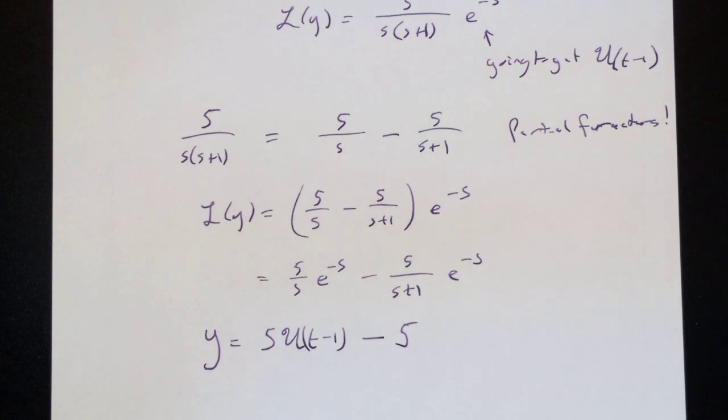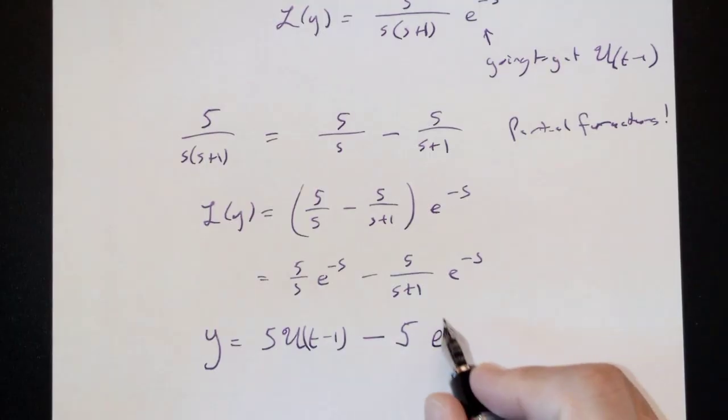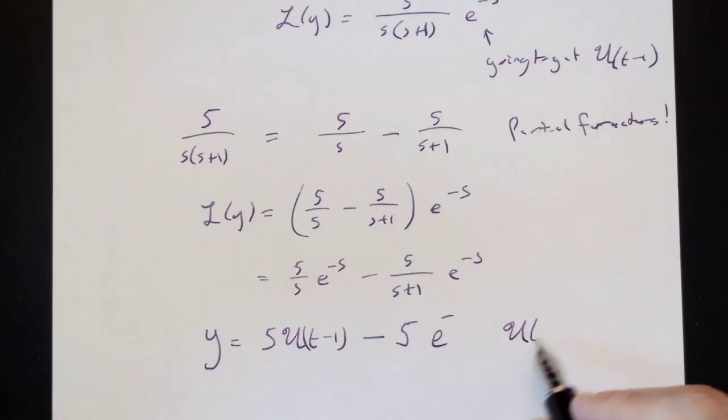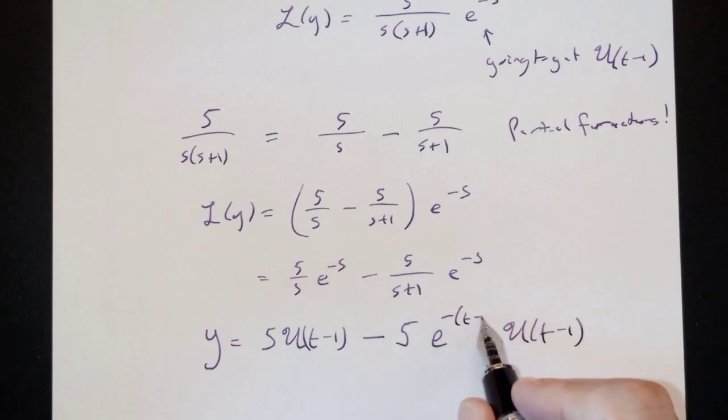I took the 5 out front for the moment. Right. E to the minus t. Wait a minute. There's a u of t minus 1 here, right? Since there's a u of t minus 1 here, that t becomes t minus 1 as well.